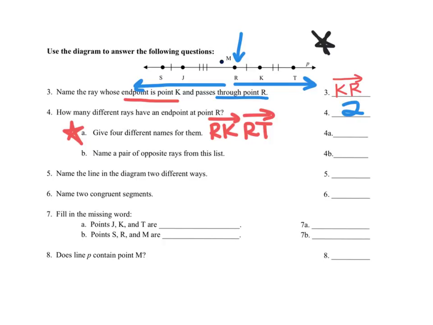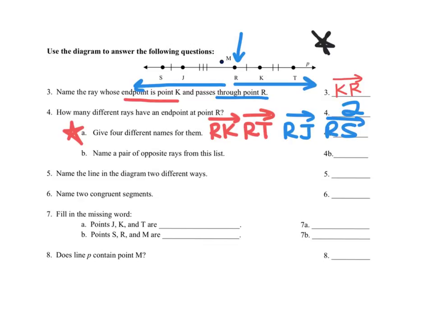A couple other ways I could name this: I could say R going to the left, J, or I could say RS. So the 2 red ones that I just wrote down, guys, those are the rays going to the right. It's the same ray. And the blue ones that I wrote, those are the rays going to the left. There's 2 rays, but several different ways to name them.